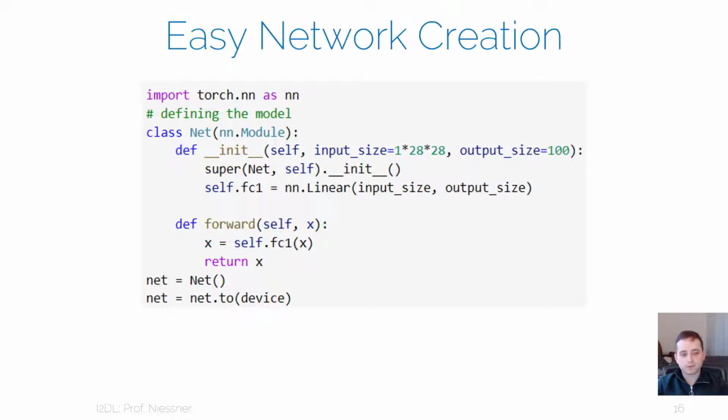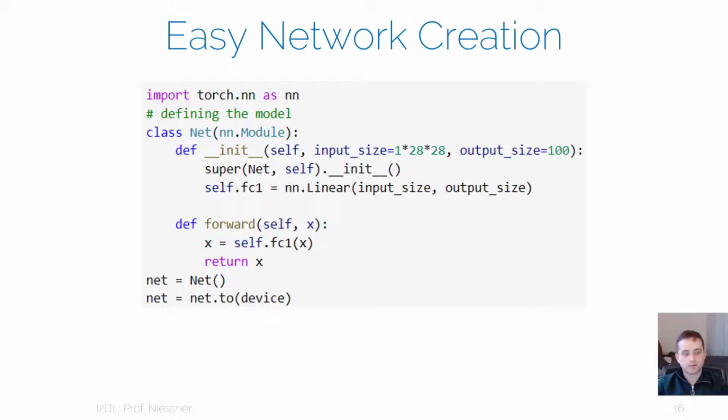You can find the layers in nn, so we take a linear layer from nn, and here you specify the sizes. And then, of course, you have the forward pass. You tell the network what to do with the input it's getting. So we're just taking the input x and putting it through our linear layer, and we're just returning that.